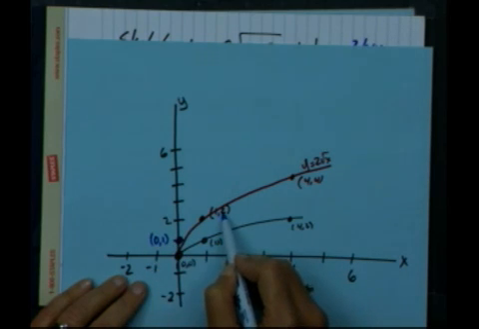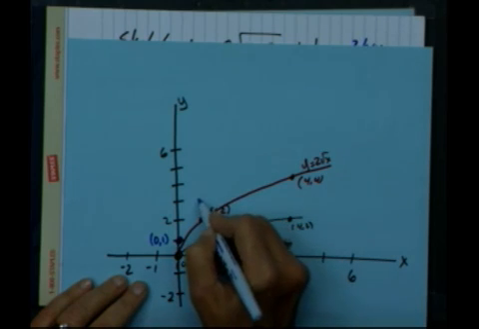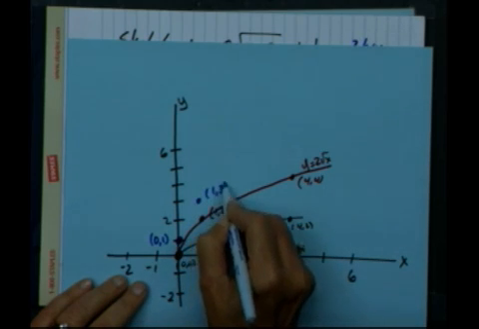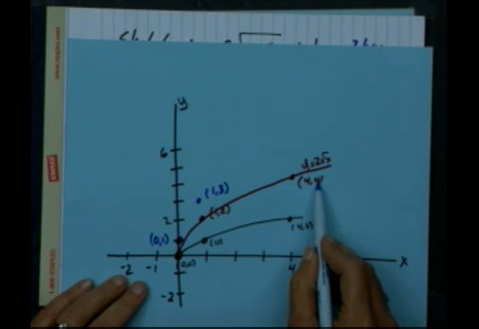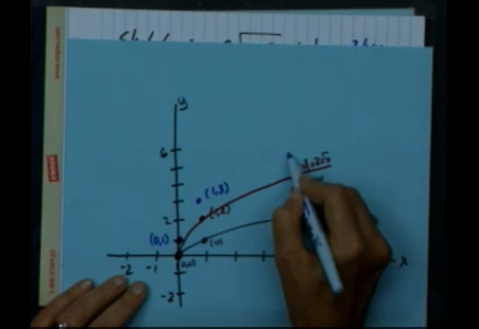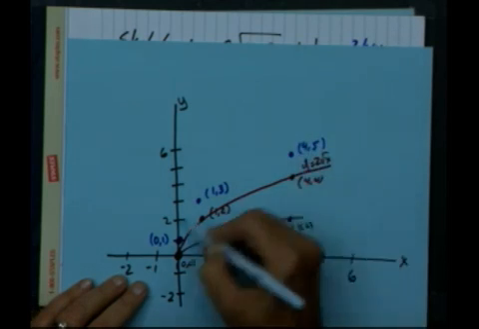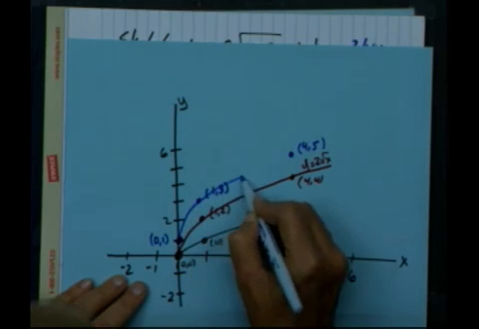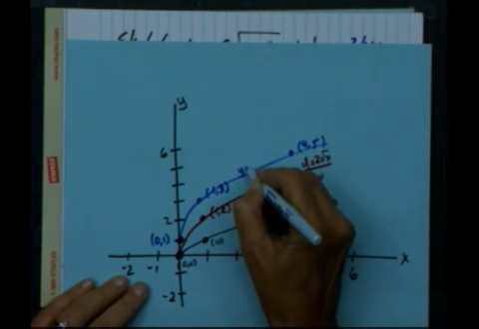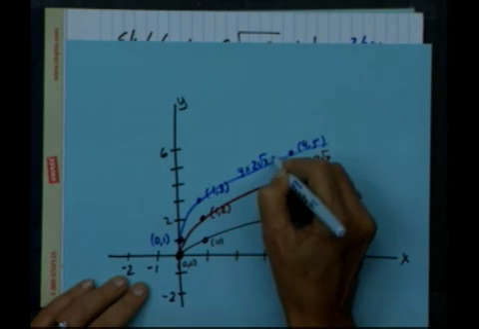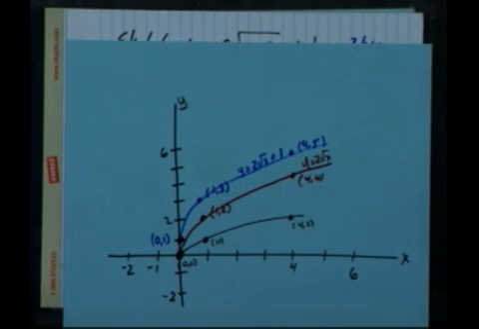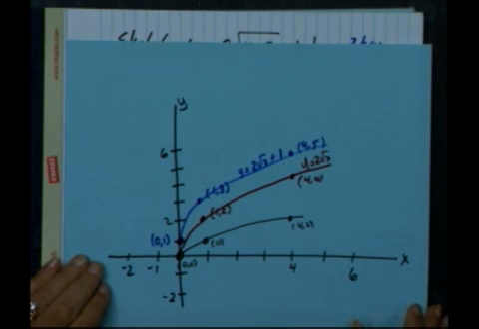I'm going to add 1 to the 2, so now I have 1, 3. And I'm going to add 1 to the 4, and now I have 4, 5. So this is y equals 2 square roots of x, but I've added 1 to that. Is that good?